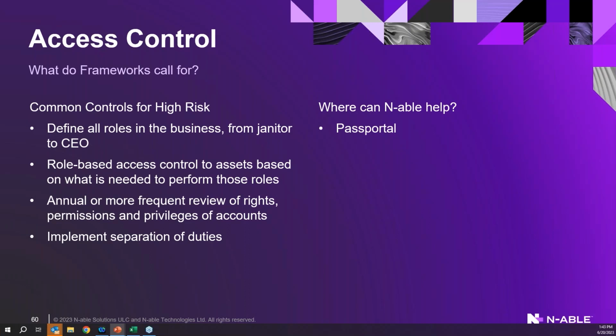And using those role-based access controls only on what they need to do their job and nothing more. Annual or more frequent review of those rights and permissions, especially on highly privileged accounts or high value accounts. And also implementing separation of duties.